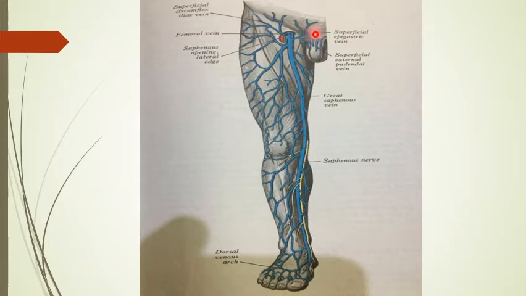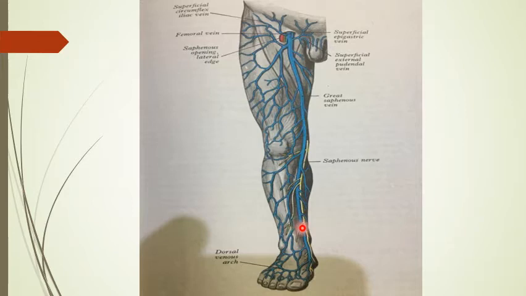These are the medial set of veins which drain into the great saphenous. Similarly, on the medial side of the leg, veins drain into this great saphenous, and a lot of lateral veins from the leg drain into this as well.